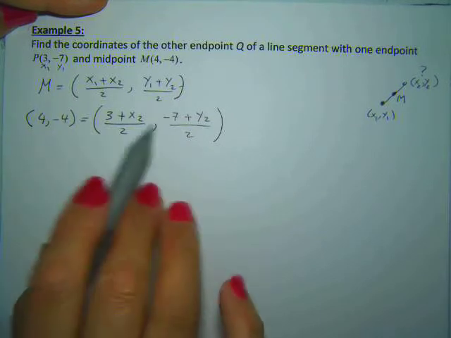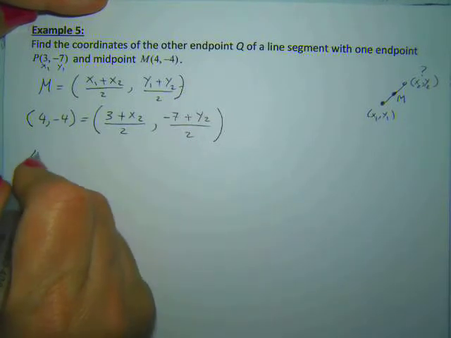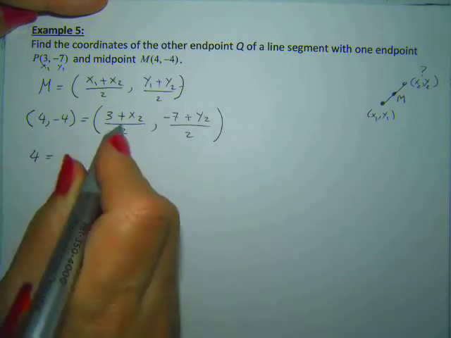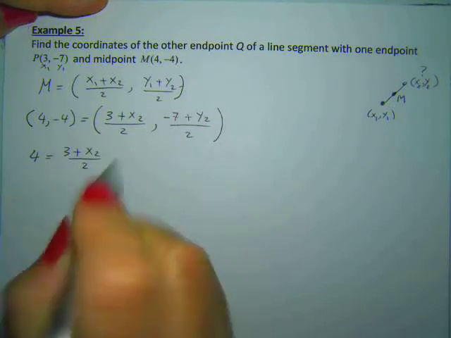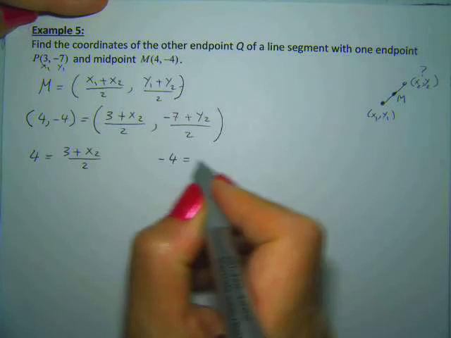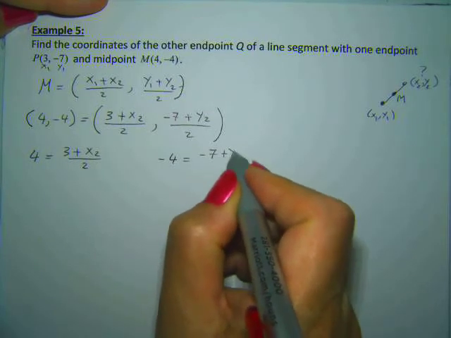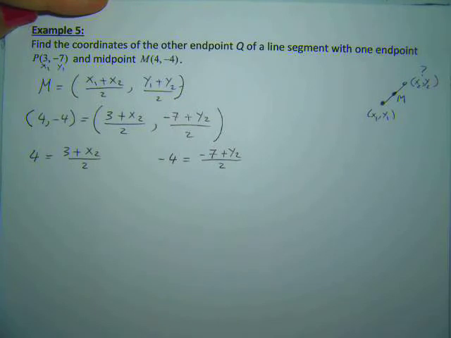Now a point equal to a point means the coordinates are equal, so I have two equations. One of them is 4 equals 3 plus x2 over 2, and the other, for the y coordinates, is -4 equals -7 plus y2 over 2. Let's solve these two linear equations.